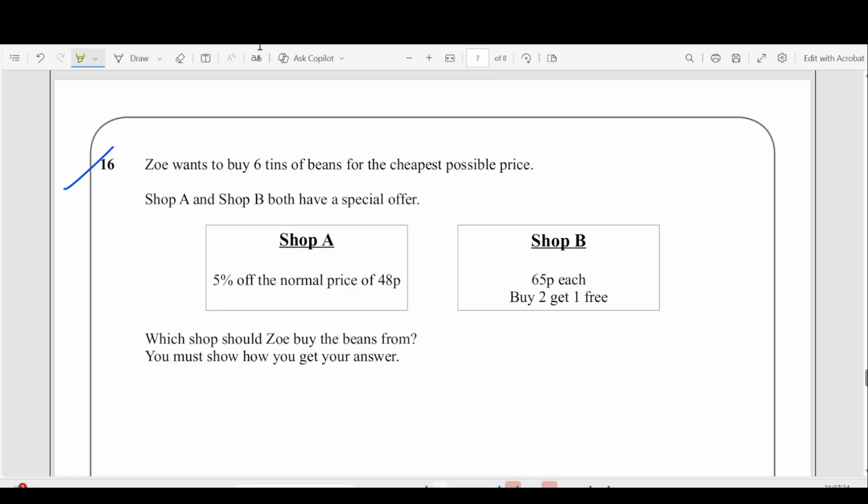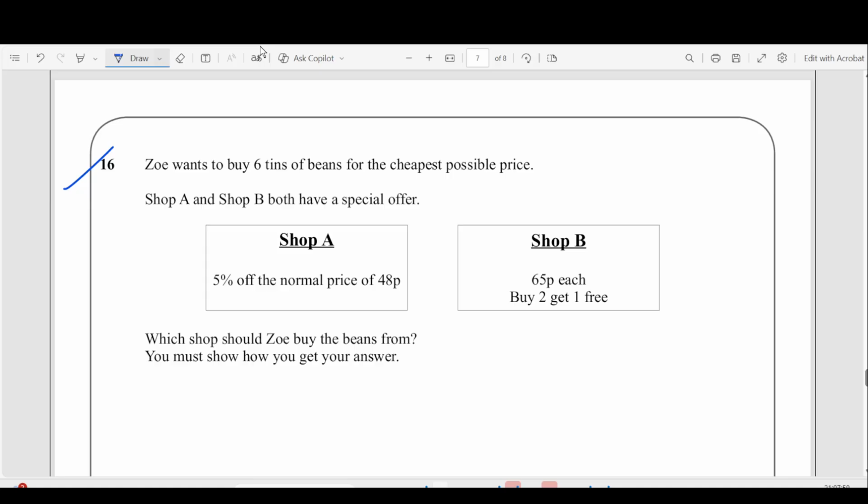Shop A and Shop B both have a special offer. Shop A, 5% off the normal price of 48p. Shop B, 65p each, buy two get one free. Which shop would Zoe buy the beans from? You must show how you get your answer.